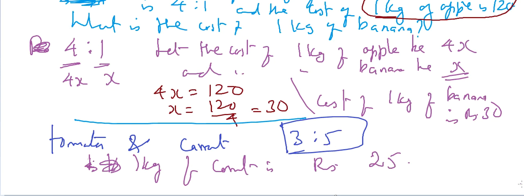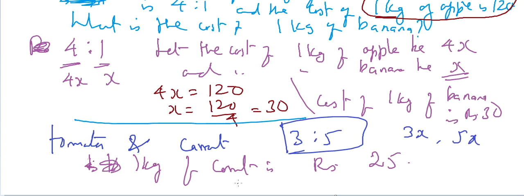So now using this, how to find the cost of 1 kg of tomato? Okay, as I said, let the cost of 1 kg of tomato be 3x and carrot 5x.